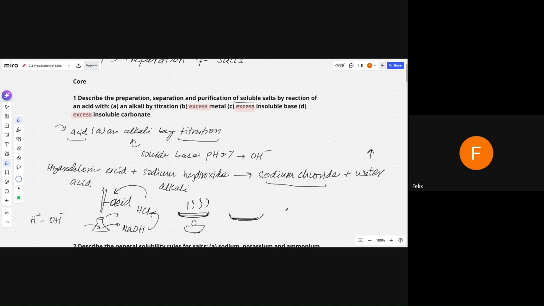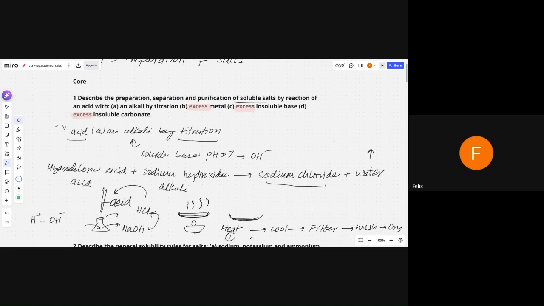The first step is to evaporate it, or heat it, then allow it to cool, and then filter it. When crystals appear, you filter it, then you wash the crystals, and finally dry. So that's the process, right?